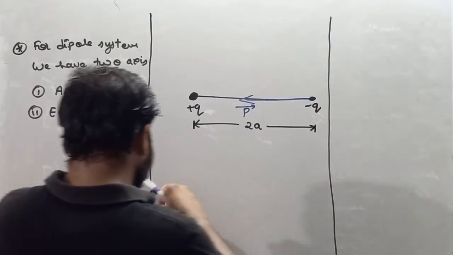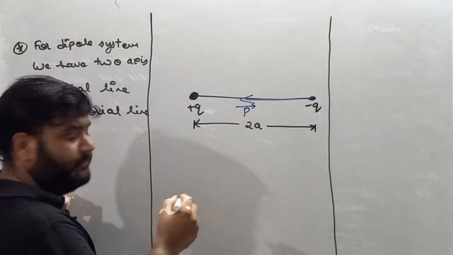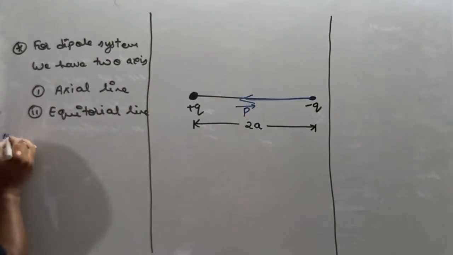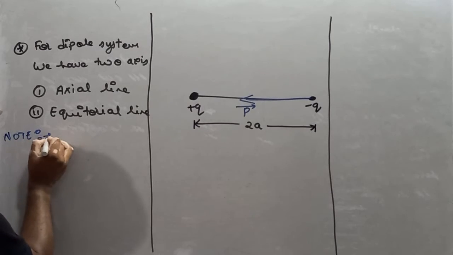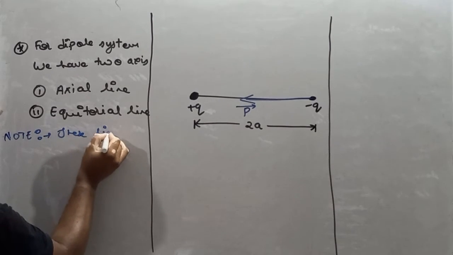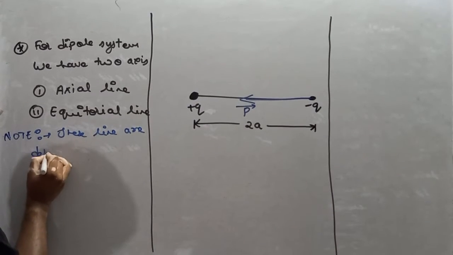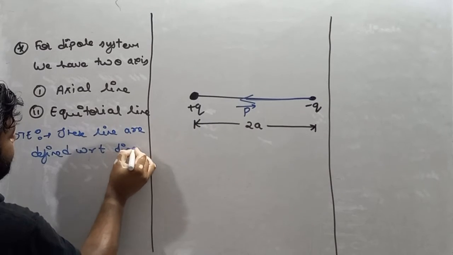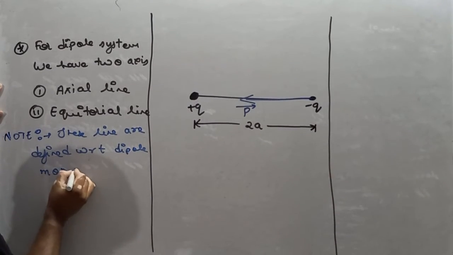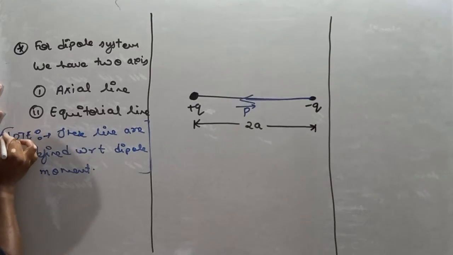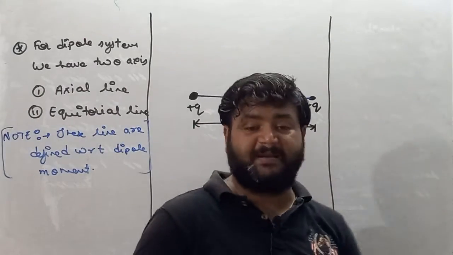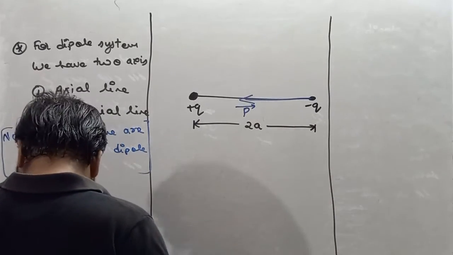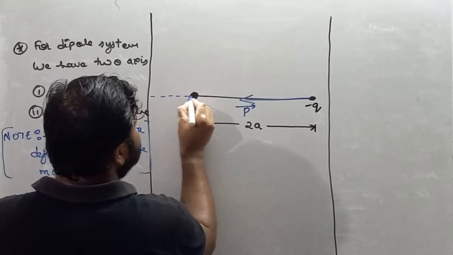See dear student, I'll make two lines. With respect to dipole moment, I am defining these lines. So remember, these lines are defined with respect to dipole moment. Now see, I'll make two different lines. One line is like this.